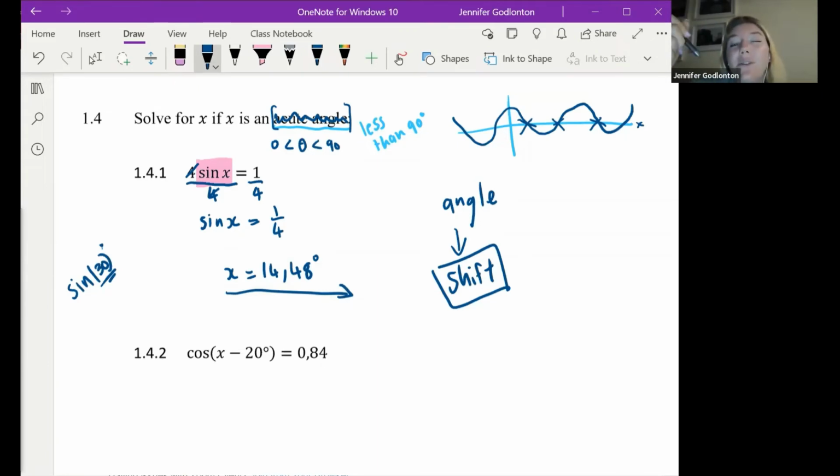But if I don't know what those degrees are, we have to use something called arc sine. And arc sine is what we get when we put in shift on our calculator. That's arc sine, so that means we're looking for an angle. When we're looking for a side, we don't push shift. And when we're looking for an angle, we push shift.